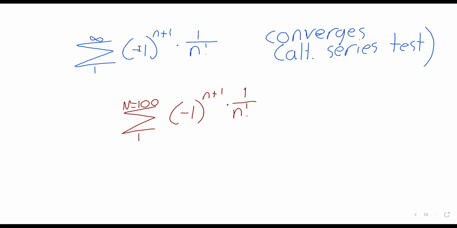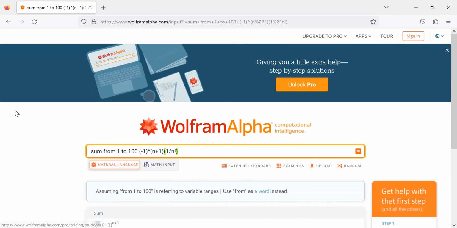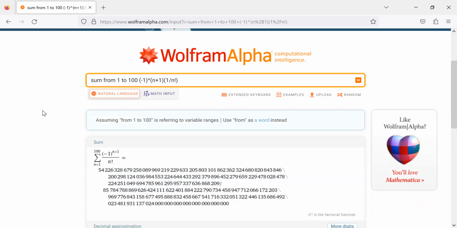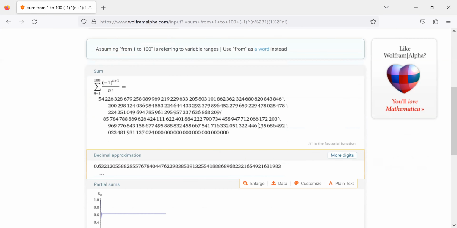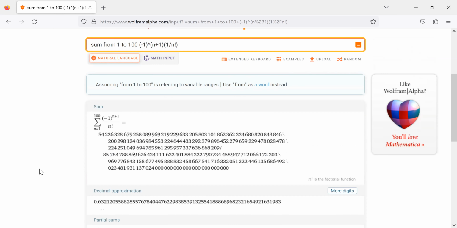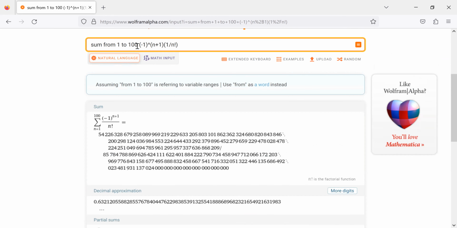We've got an alternating series, and what the heck is happening here? I have no idea what these diagonal dots are, some kind of mathematical terminology I've never seen before. But here's our decimal approximation, 0.6321 something.